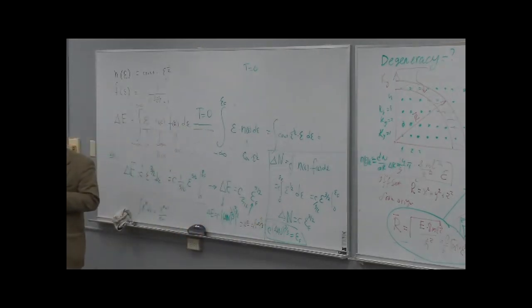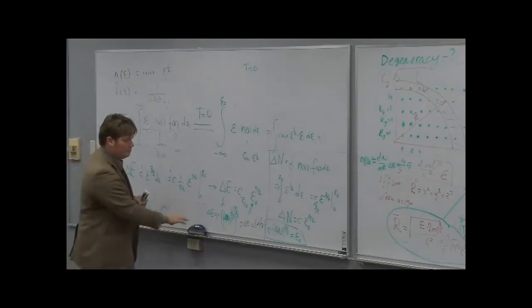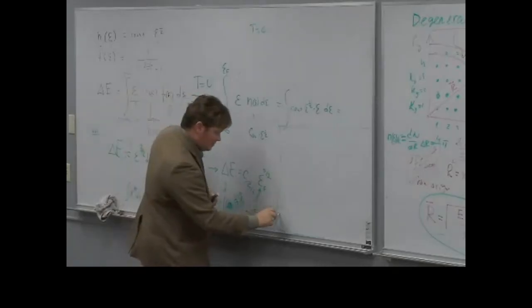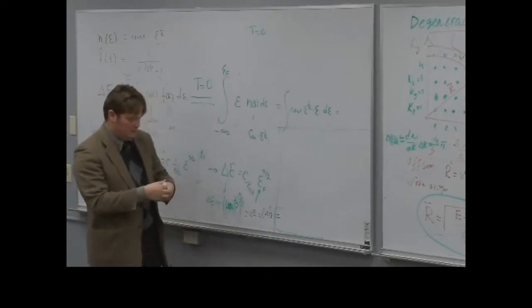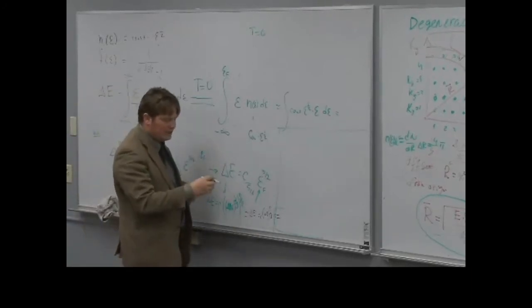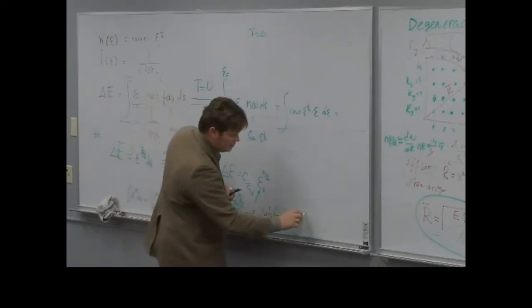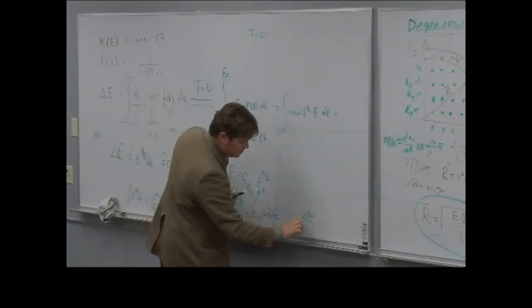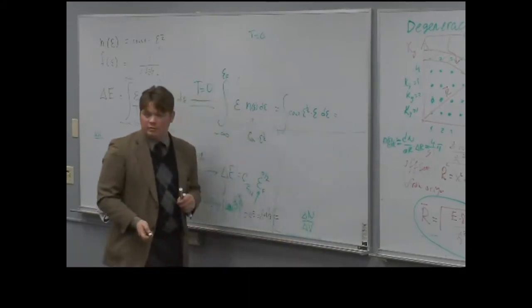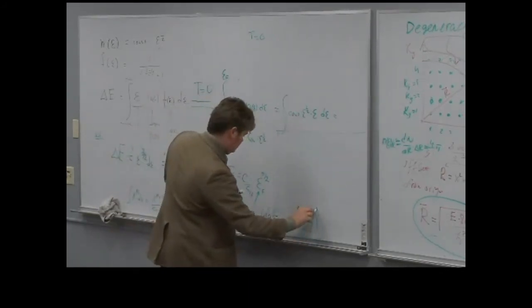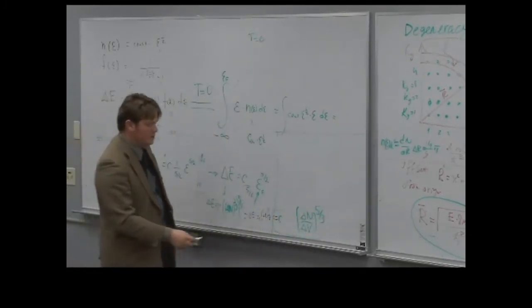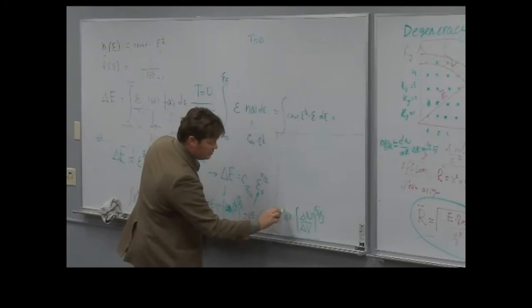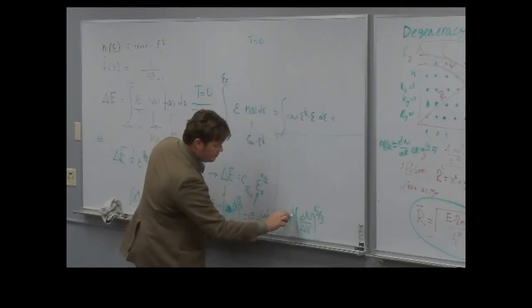But we need not the total number of electrons, we need the density. Right? Therefore, we need to multiply and divide by delta V, by the volume. And in order to keep everything correct, we need to introduce here delta V to the power 3/5.